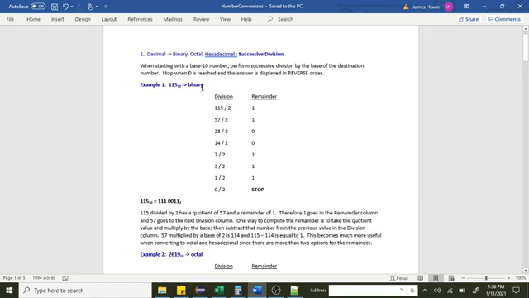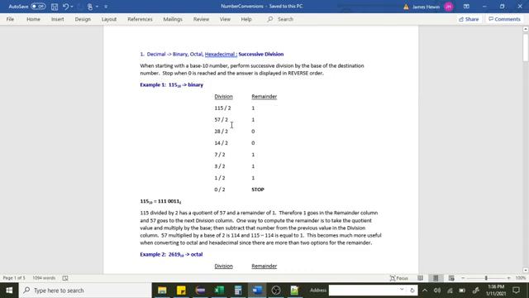What does the algorithm say? I'm starting with a base 10 number, and I want to perform successive division by the base of the destination number. The destination is binary, so I'll be successively dividing by 2, stopping when I reach 0, and my answer will be in reverse order.